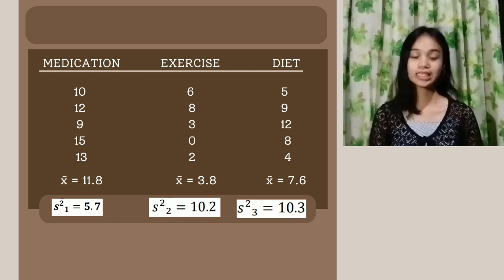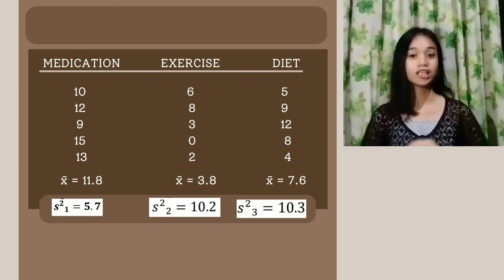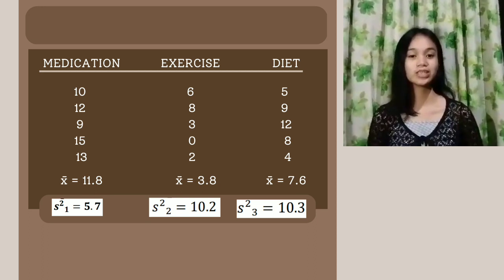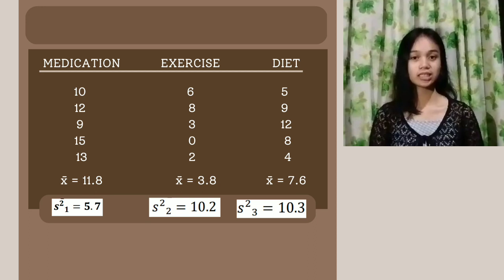In the table, it is divided into 3 parts: the medication, exercise, and diet. Under the medication are the following numbers: 10, 12, 9, 15, and 13, with a sample mean of 11.8. Under the exercise are the following numbers: 6, 8, 3, 0, and 2, with a sample mean of 3.8.